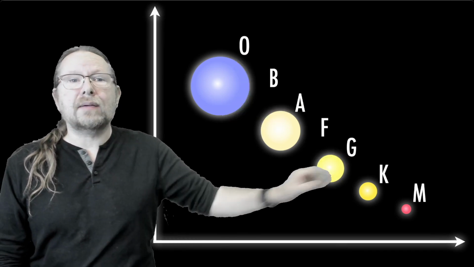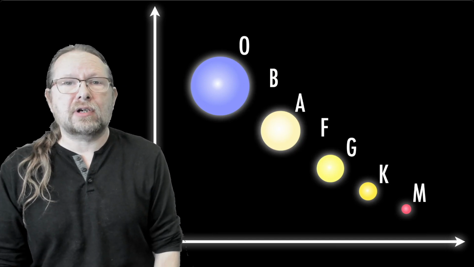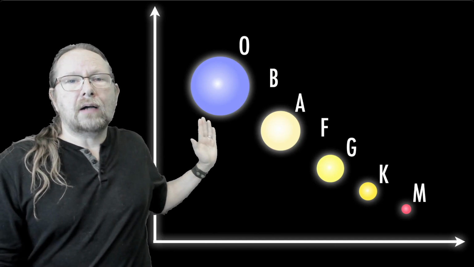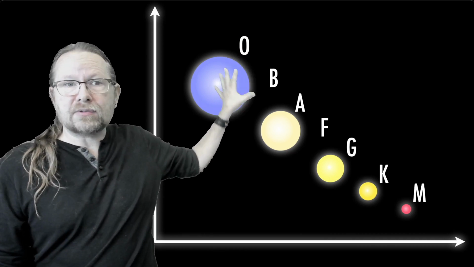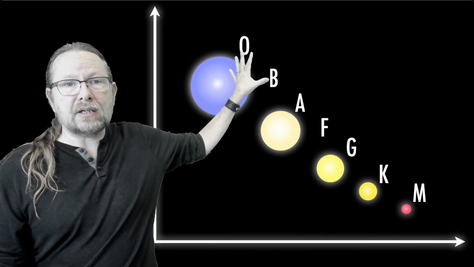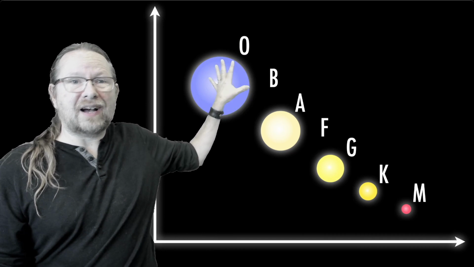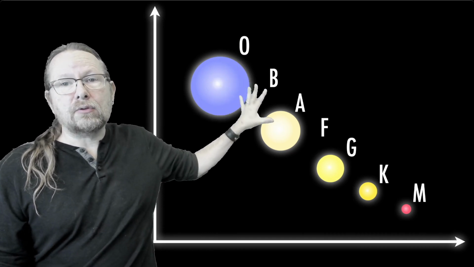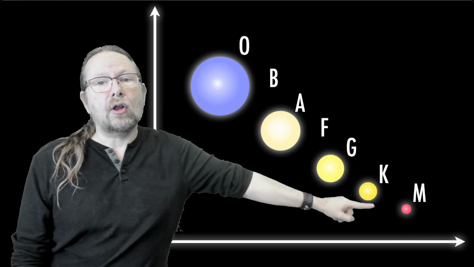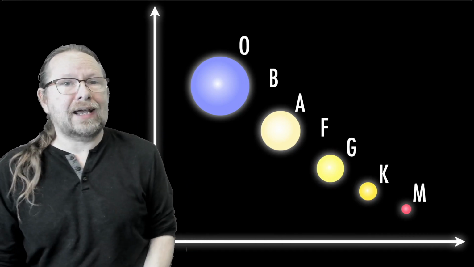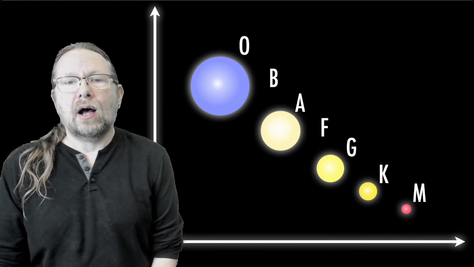We've looked many times at this classification scheme on the HR diagram, from hot stars to cool stars, from dim stars to bright stars. The brightest stars in the main sequence are the O and B type stars. They're the hottest and the brightest, down to sun-like stars, G-type stars like the sun, all the way down to the dim, cool K and M type stars.